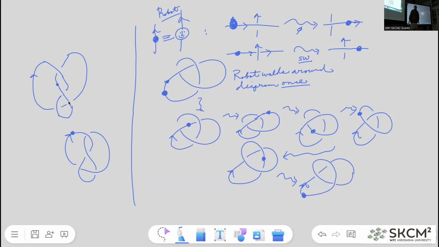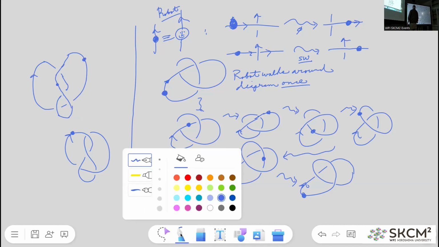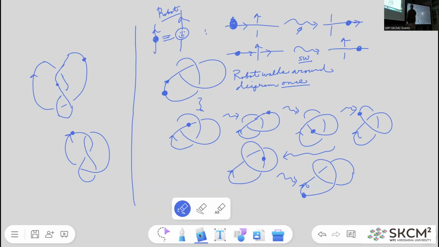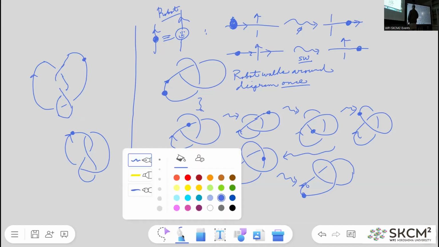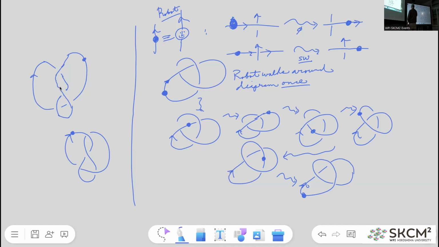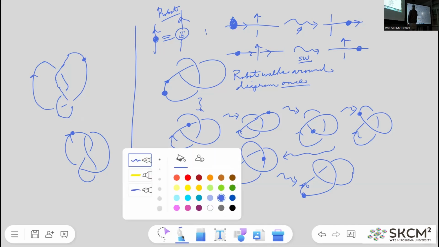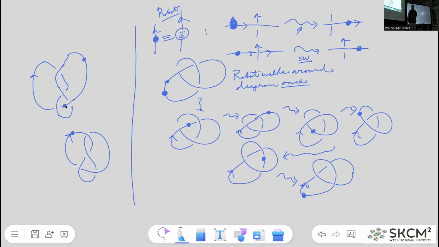And then he's going to switch this crossing and up here. And now he's going to switch this crossing. And up here.